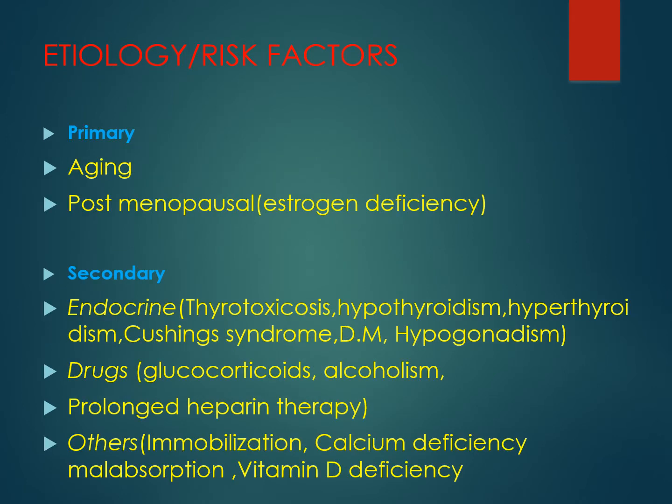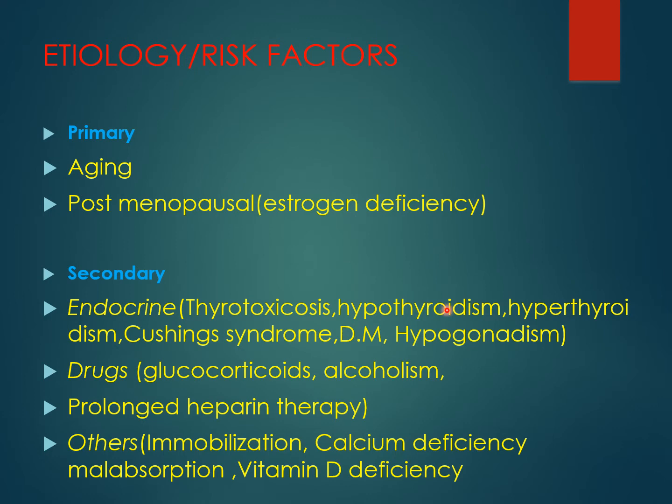We conventionally divide osteoporosis into two categories, primary and secondary. In primary, senile osteoporosis and postmenopausal, of course, due to estrogen deficiency in females. Secondary causes, long list: endocrine causes, thyrotoxicosis, hypothyroidism, hyperparathyroidism, Cushing's disease, diabetes mellitus, hypogonadism. The mechanism underlying this is beyond the scope of this lecture.